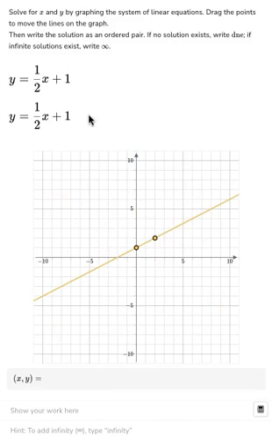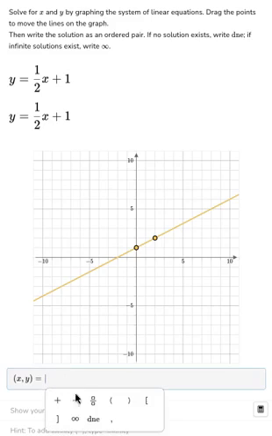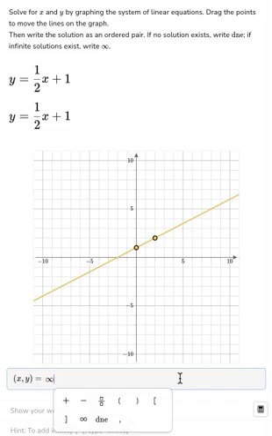It seems kind of silly to have two equations for the same graph, but the point here is that all of the points along this line are solutions to this system of equations. So that means we have an infinite number of solutions. So in that case, we're going to type the infinity symbol for our solution, because we have infinitely many solutions.